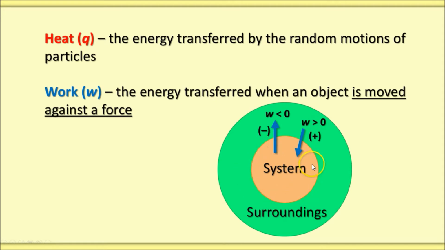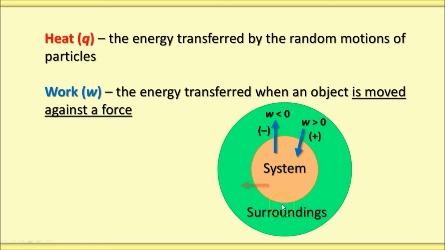So in other words, if the system is contracting, if it's getting smaller in volume, that means the surroundings is pushing against the system and doing work on the system. Therefore, work from the system to the surroundings is negative, work from the surroundings to the system is positive. Another way of saying that is work on the surroundings is negative, work on the system is positive.